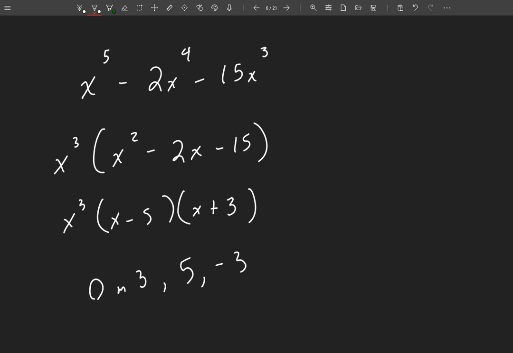All right. A couple more examples, and then we're going to be done with this. Let's do something like this one. I think that's going to work.